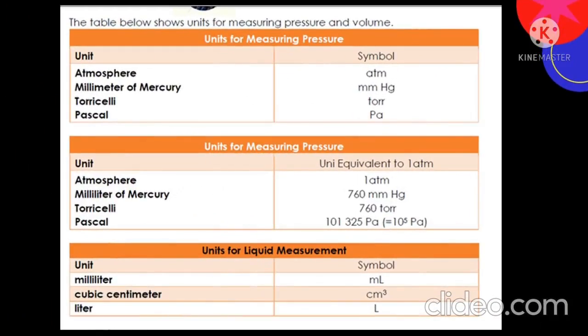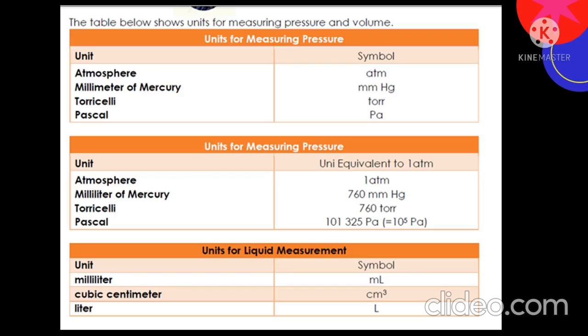Now, let me show you the units for measuring pressure and volume. Just look at it closely and try to remember the different symbols. Atmosphere is ATM. Millimeter of mercury is mmHg. Torricelli is torr. Pascal is Pa.